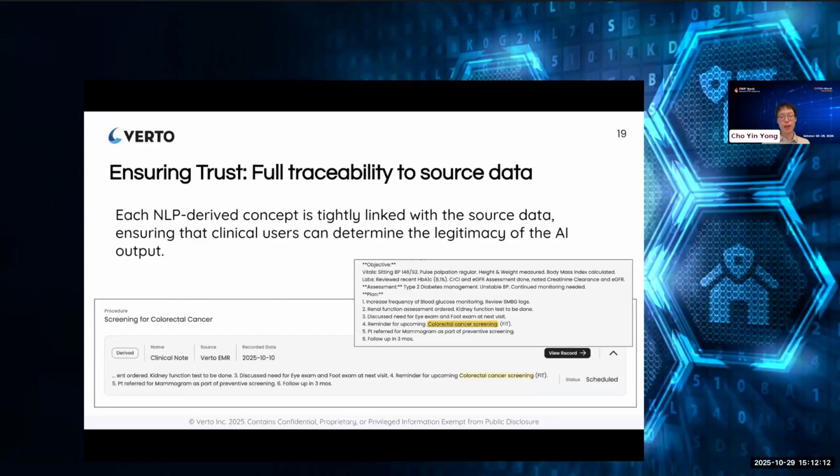In this particular case, we were able to recognize that for this particular note, the patient is to be reminded of their upcoming colorectal cancer screening, which means they have a scheduled appointment for a colorectal scan, a FIT test, actually. And so, with this layer, the clinician will know everything they need to know about why they have this now in structured format.